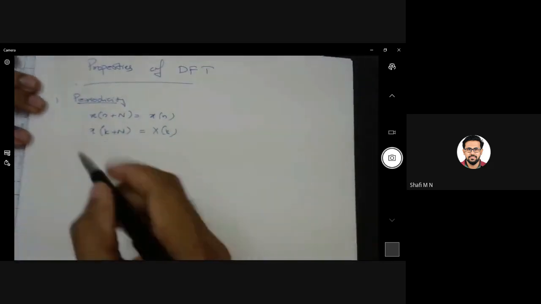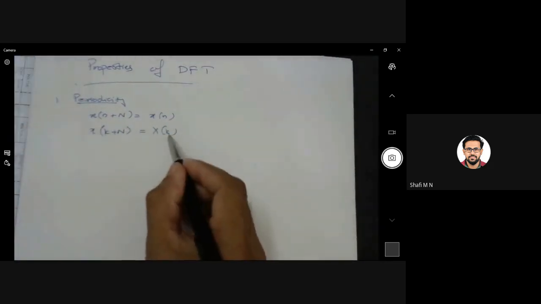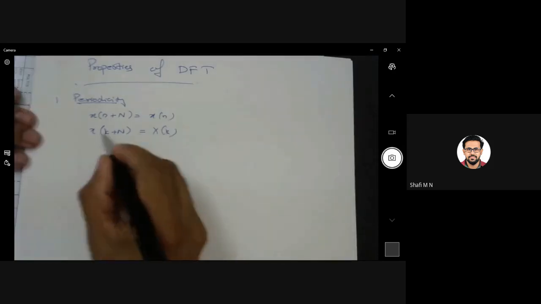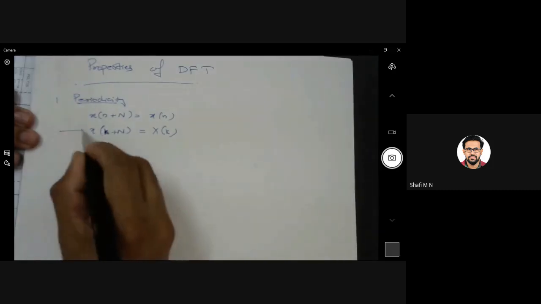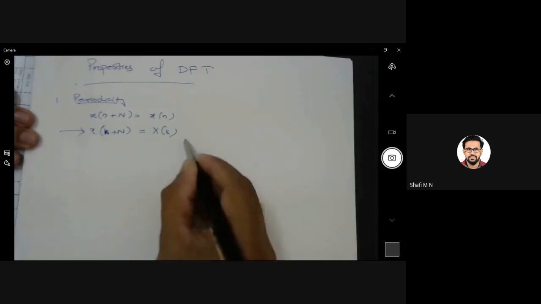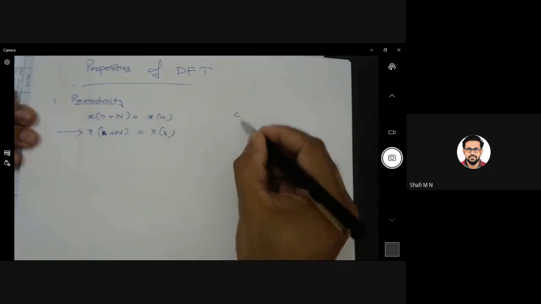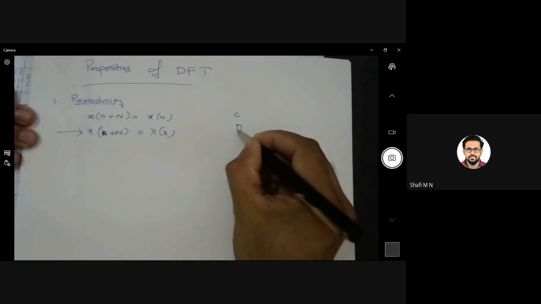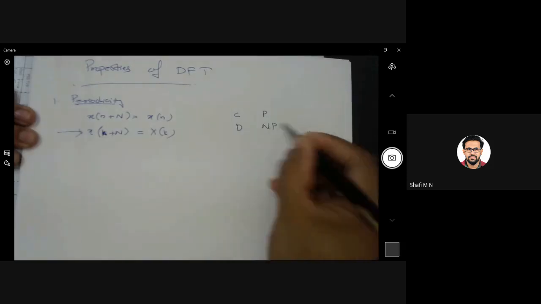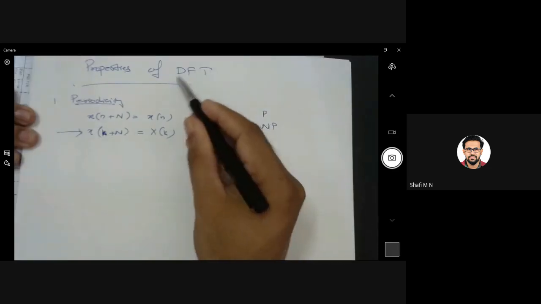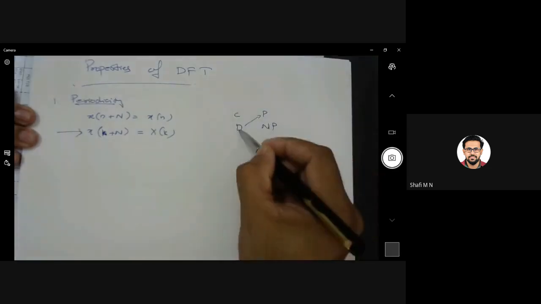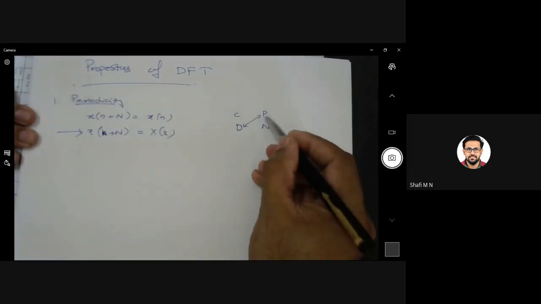So what is happening is, we have seen this in the spectrum. Your spectrum was periodic, x of k periodic. What is the reason for this? This statement implies that your spectrum is periodic. So we had this relation: continuous, discrete, periodic, non-periodic. Since we are dealing with the discrete signal, we are dealing with discrete transforms. So discrete in time domain means that will be periodic in frequency domain.